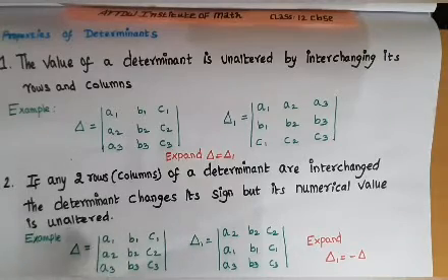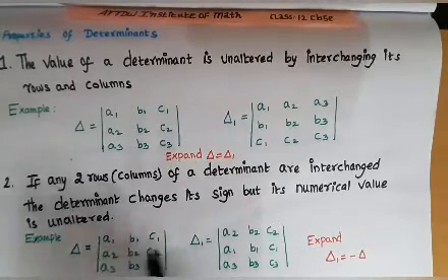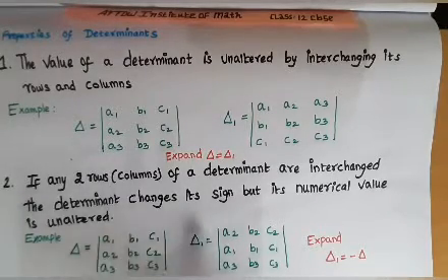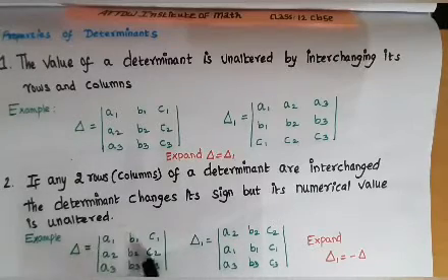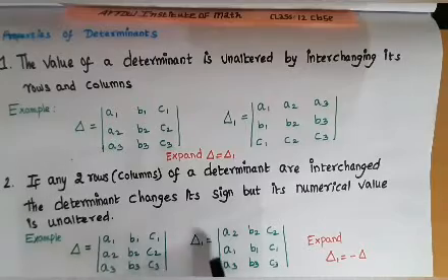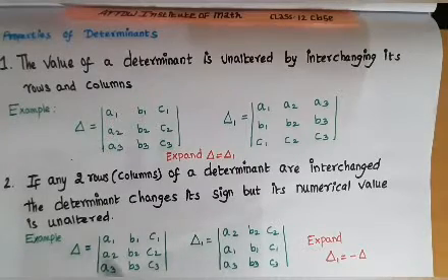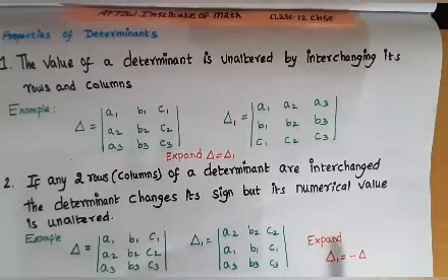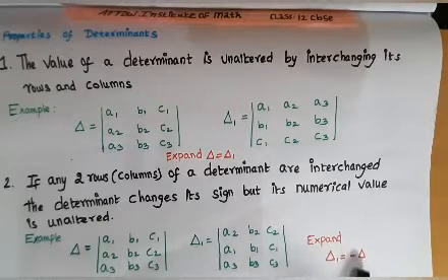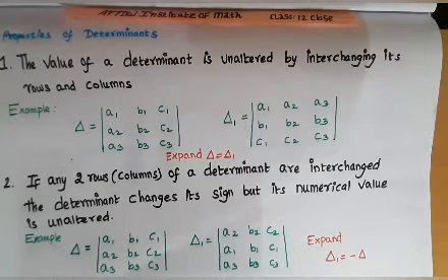If I interchange row 2 with row 1, then a1 b1 c1 comes as row 2 and a2 b2 c2 comes as row 1. If we expand this del and del 1, both answers will be equal, only the negative sign gets multiplied. So del 1 answer is equal to minus times the del answer.